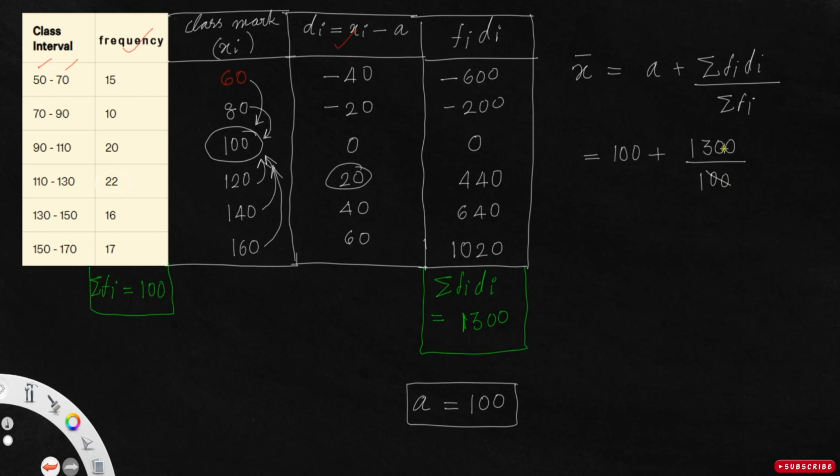You can cancel these two zeros, so the answer will be 100 plus 30, which is 130. Remember this point: even if you find the mean through the direct method or through the assumed mean method, the answer doesn't change. Okay. Clear?